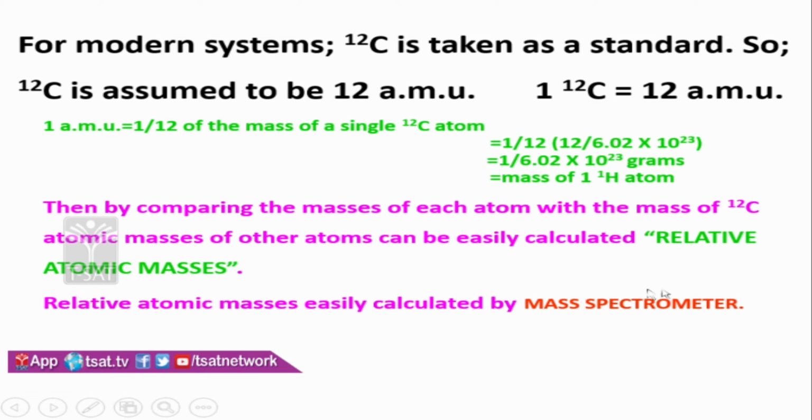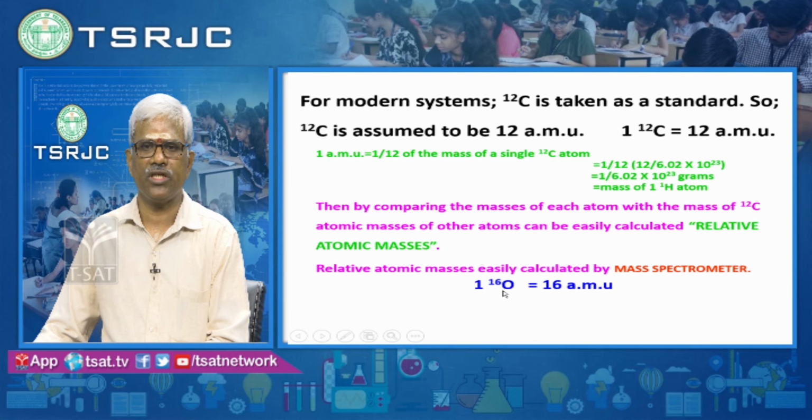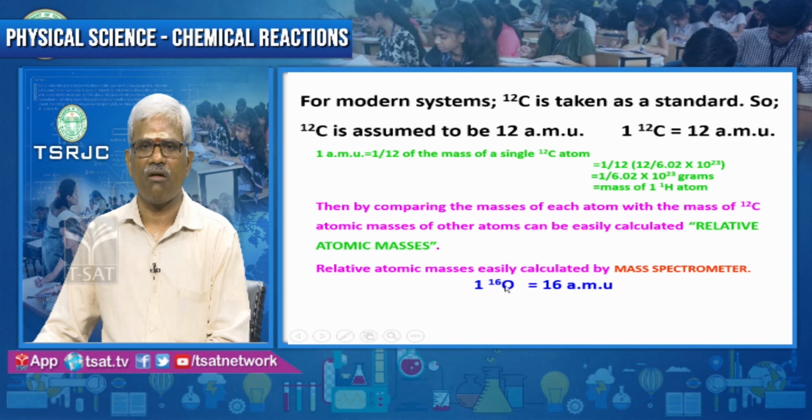It is an instrument, so a question may be asked like that: what instrument is used to measure relative atomic mass? The mass spectrometer. Take oxygen, 16O.